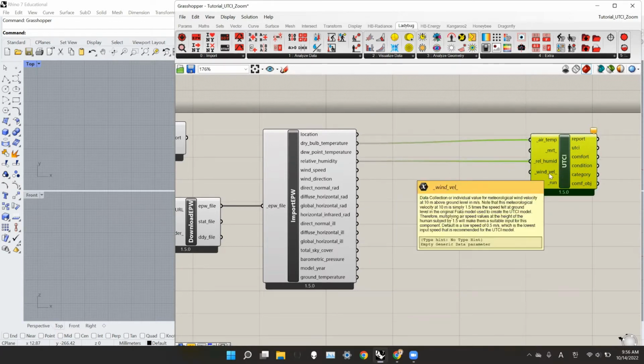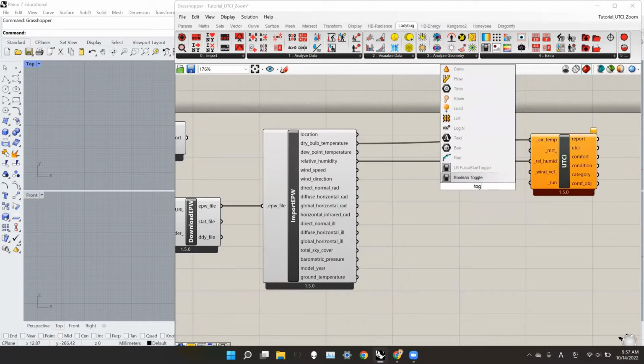And we need wind velocity, but as I said in the earlier lectures, the wind speed at the airport is much faster. So I would leave it at the default, which is 0.5 meter per second. You can also consider increasing the wind speed, but I will leave it as it is for now.